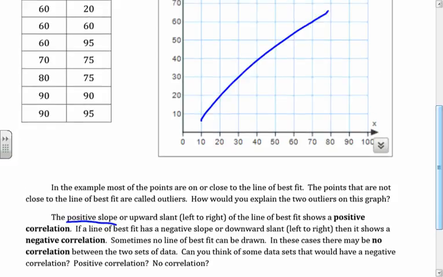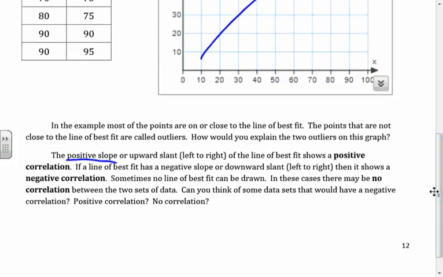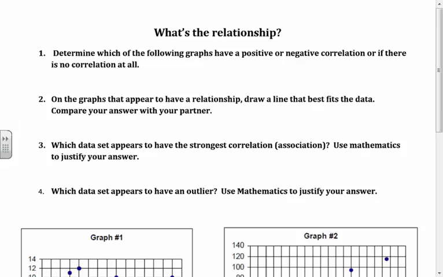When your line goes like that through your data, that shows a positive correlation. If the line of best fit has a negative slope, then you have a negative correlation. And then sometimes there is no relationship at all. You can't really draw a line through it. Okay? So thinking about those, we'll go to the next page.